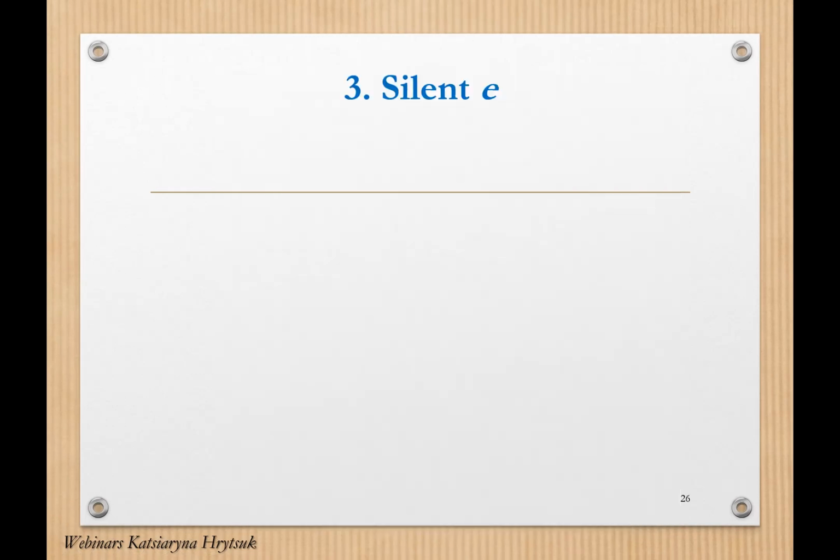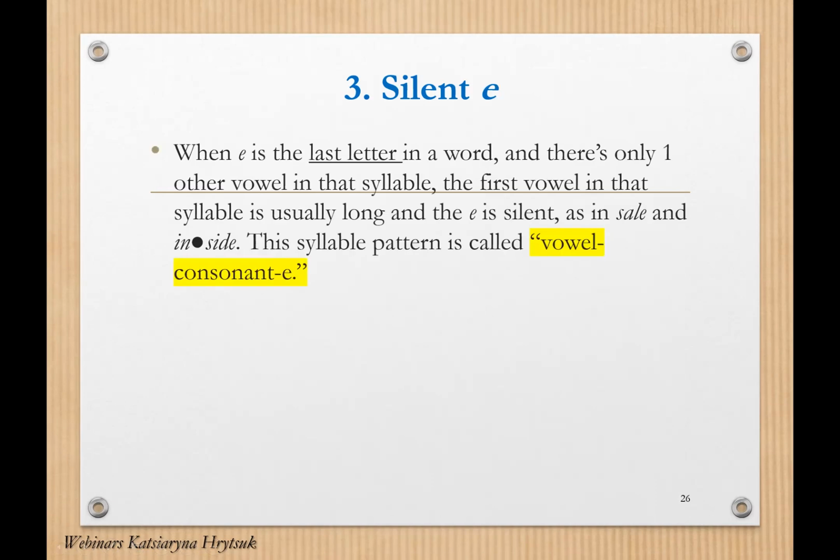Next rule, rule number 3, is the silent E. When E is the last letter in a word and there is only one other vowel in that syllable, the first vowel in that syllable is usually long and the E is silent.